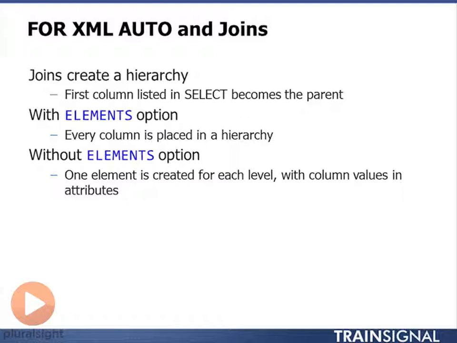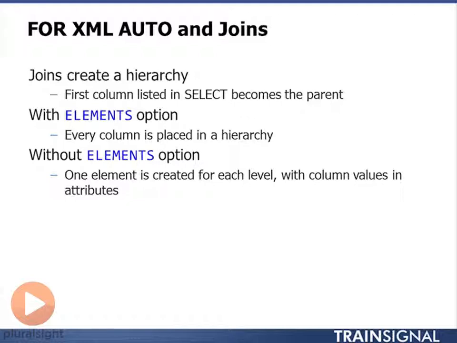The first column that's listed in the select statement is going to become the parent. With my ELEMENTS option, every column is going to be placed inside of a hierarchy. Without it, one element will be created for each level, and the column values, again, are going to become attributes.